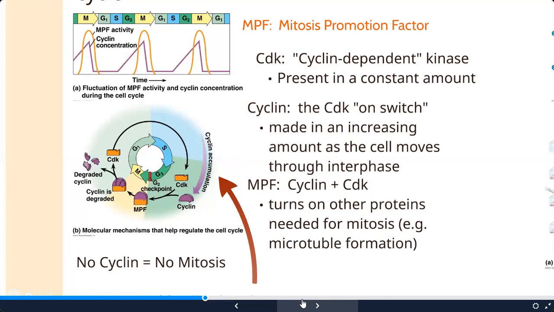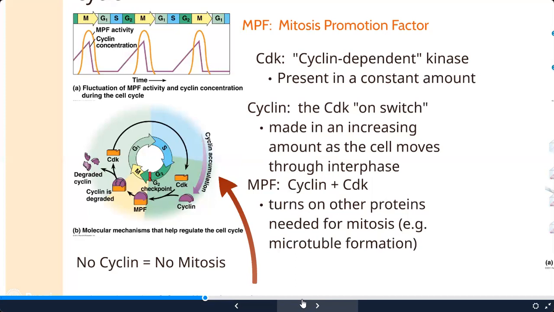And CDK is a cyclin-dependent kinase. That's where the CD part comes from. Remember, the ending -ase means it's an enzyme, and this is a kinase. So back when we did the case study on Gleevec, we learned about kinases, okay? They're enzymes that phosphorylate other molecules. So they add the phosphate from ATP, and they kick off this whole metabolic pathway.